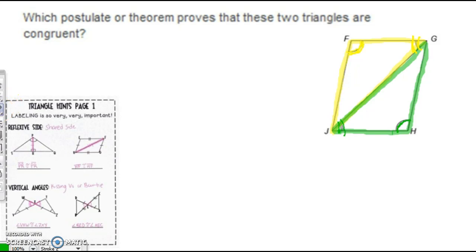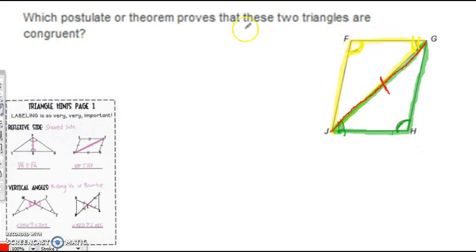So that's when we head down to this helpful hints page. If they share a side, that's a reflexive side. If they share it, it's going to be congruent. So if you look over here, both of these share side JG. That means they both have the same side length right there.